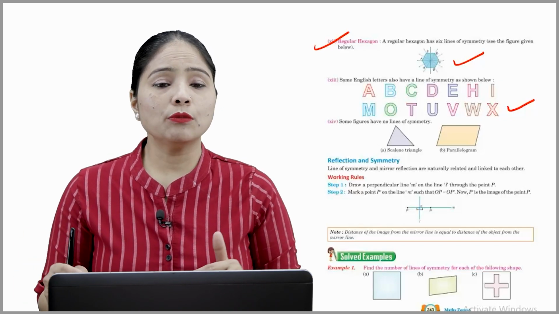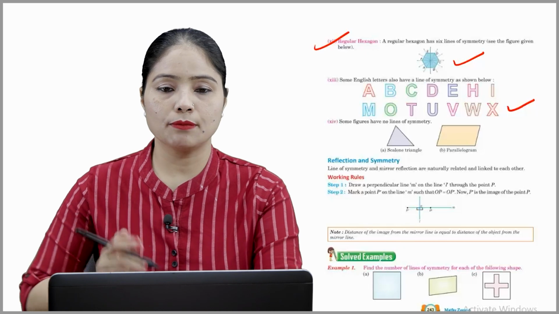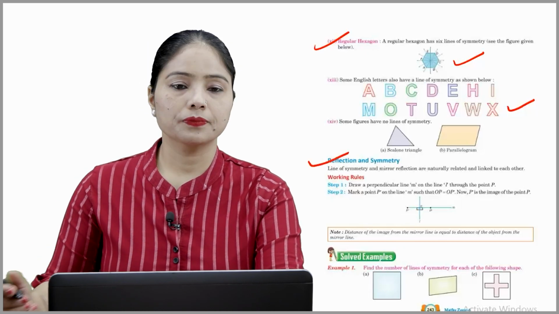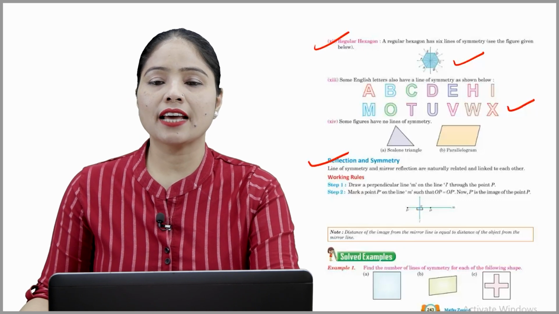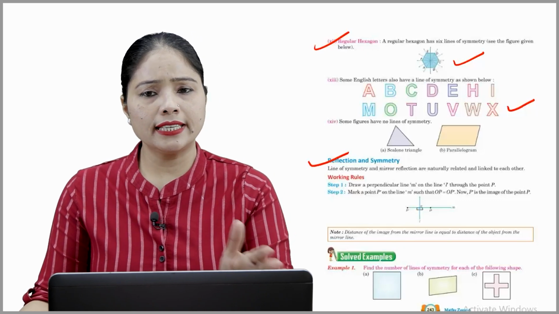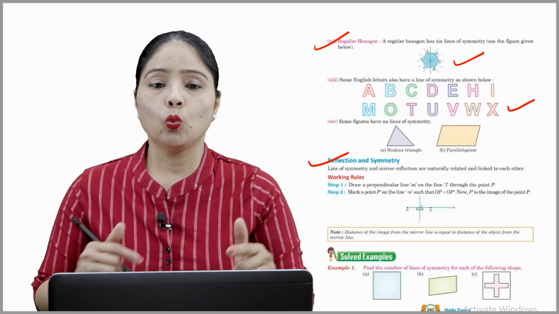Okay, so now move on beta, reflections and symmetry. Line of symmetry and mirror reflections are naturally related and linked to each other. Working rules.